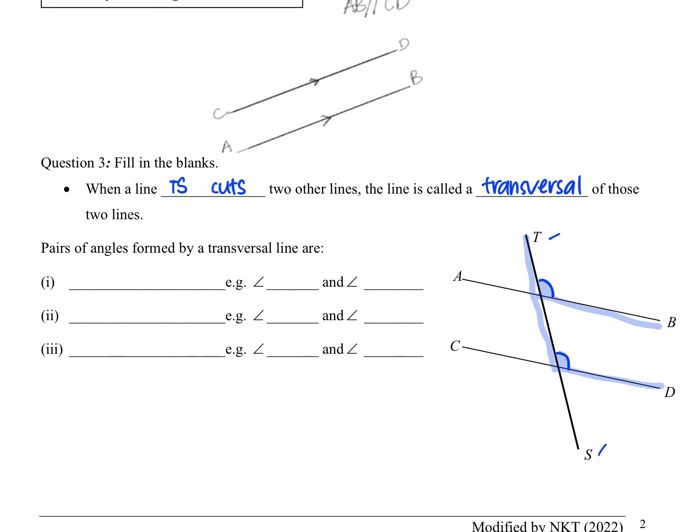I shall label this point of intersection X, and this point of intersection Y. In this case, we know that angle TXB and angle TYD are called corresponding angles.